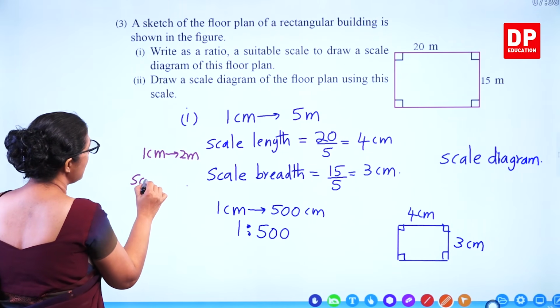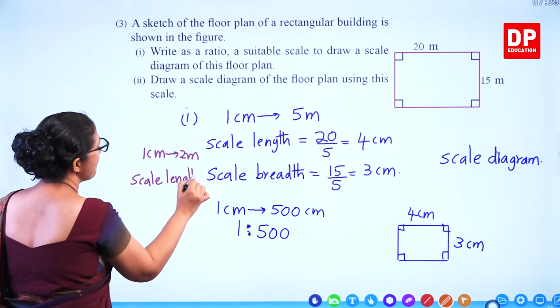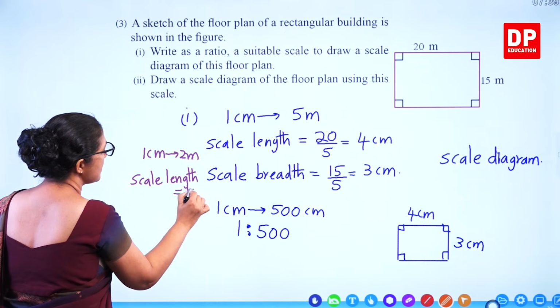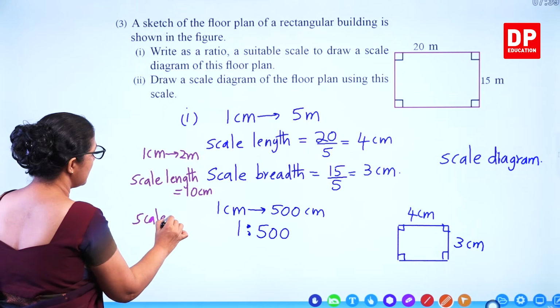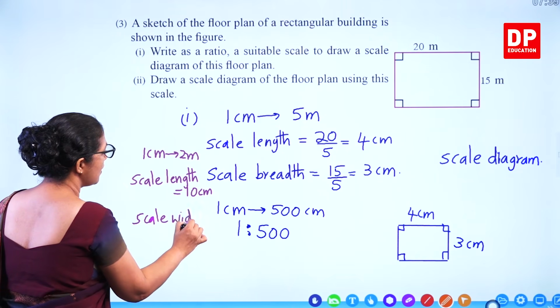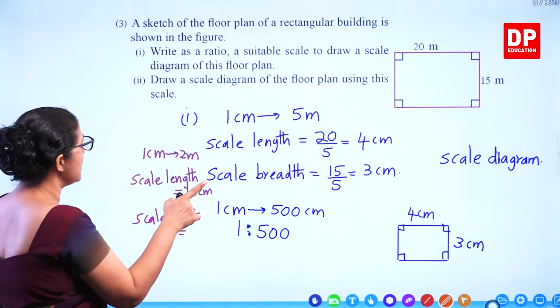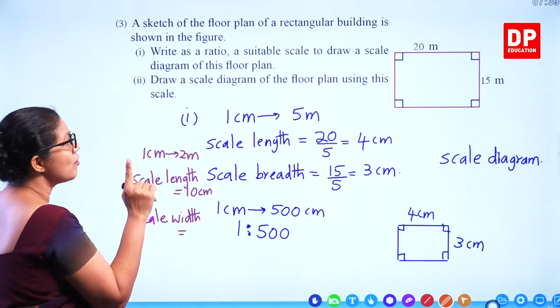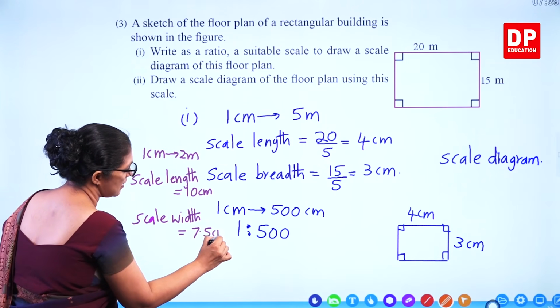Scale length becomes 10 centimeters and scale width or breadth becomes 15 divided by 2, so 7.5 centimeters.